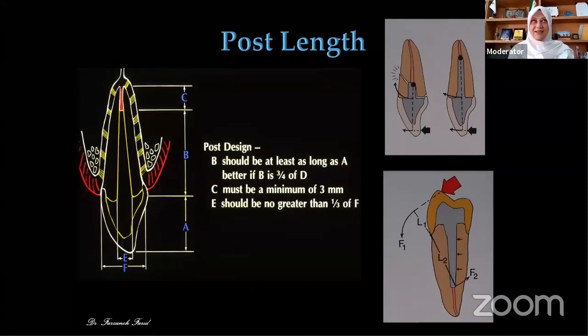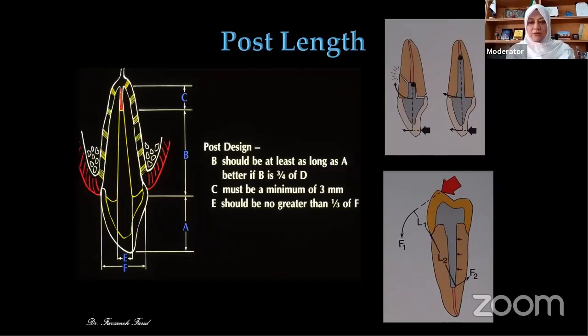The least minimum remaining gutta percha is 3 millimeters. Less than that, everything for the root canal therapy will be put in danger. So it is better not to go more than that to the apical side. So 4 to 5 millimeters of gutta percha should remain.